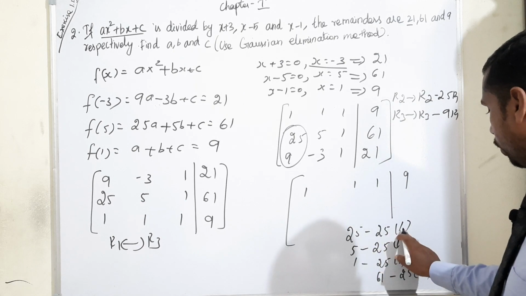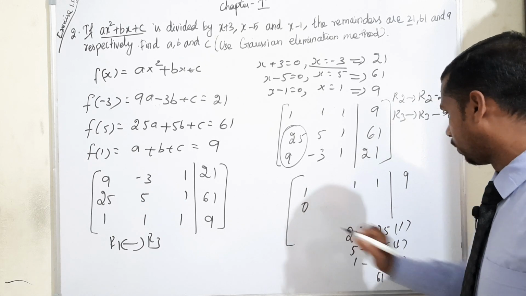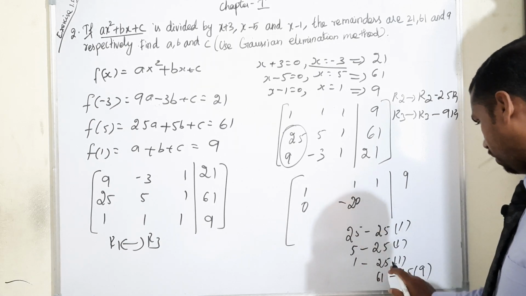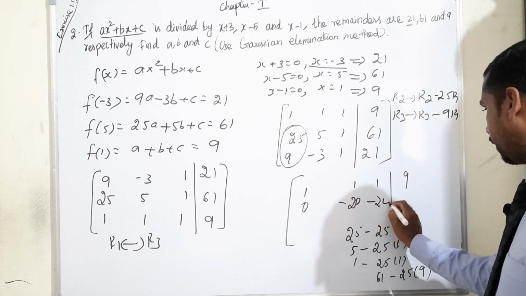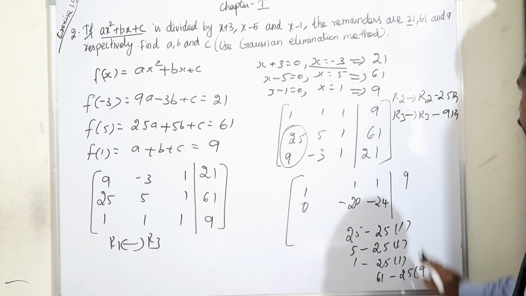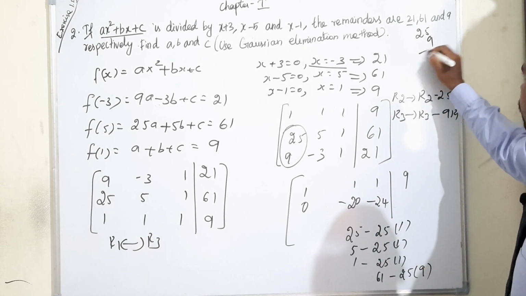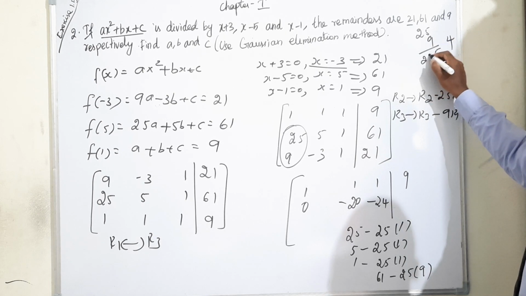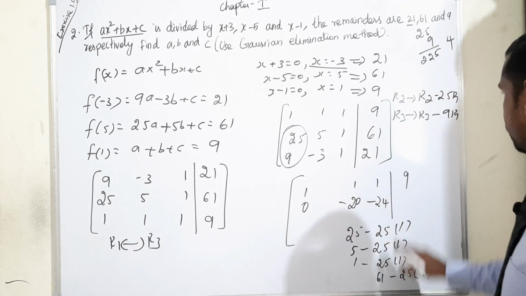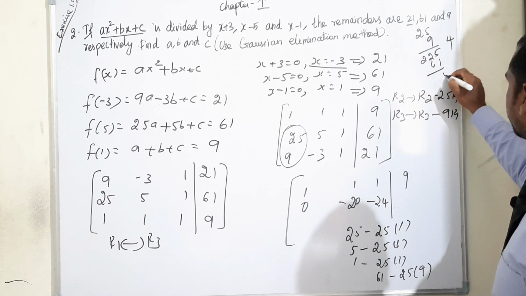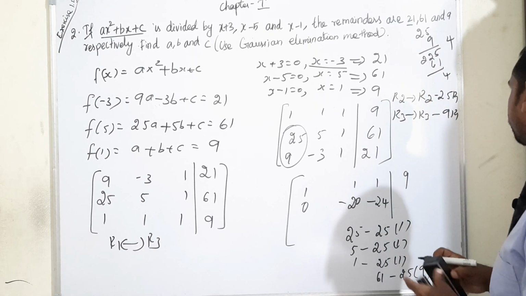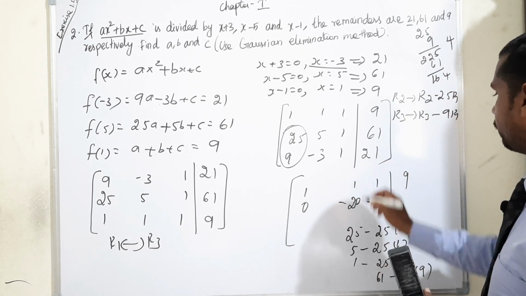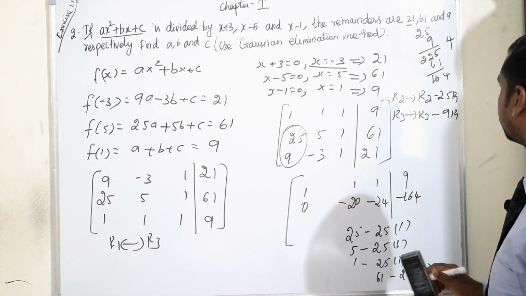First, 25 into 1 is 25, 25 minus 25 means 0. 25 into 1 is 25, 5 minus 25 means minus 20. Again, 1 minus 25 means minus 24. Last, 25 into 9: 225 minus 61, so 164, but negative, minus 164.